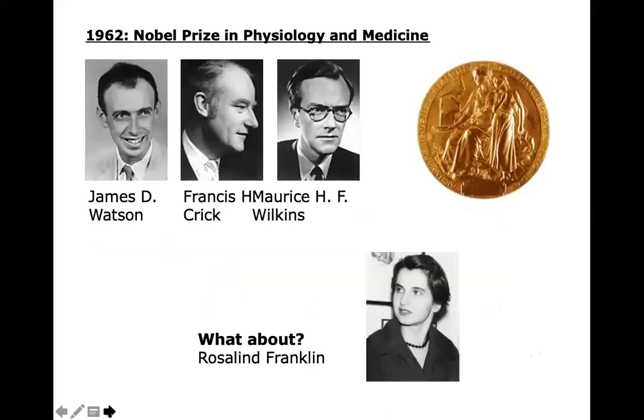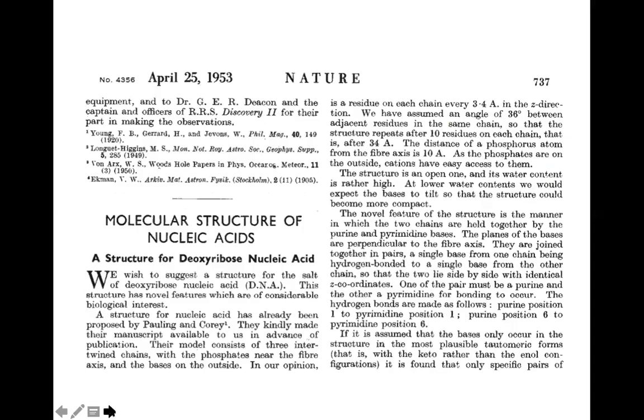For this big discovery, Watson, Crick, and Wilkins got the Nobel Prize in medicine. But Rosalind Franklin did not get it, because unfortunately she died of breast cancer before the Nobel Prize was declared. But she is very famous because she first used X-ray crystallography to confirm the real structure of DNA as a double helical structure.